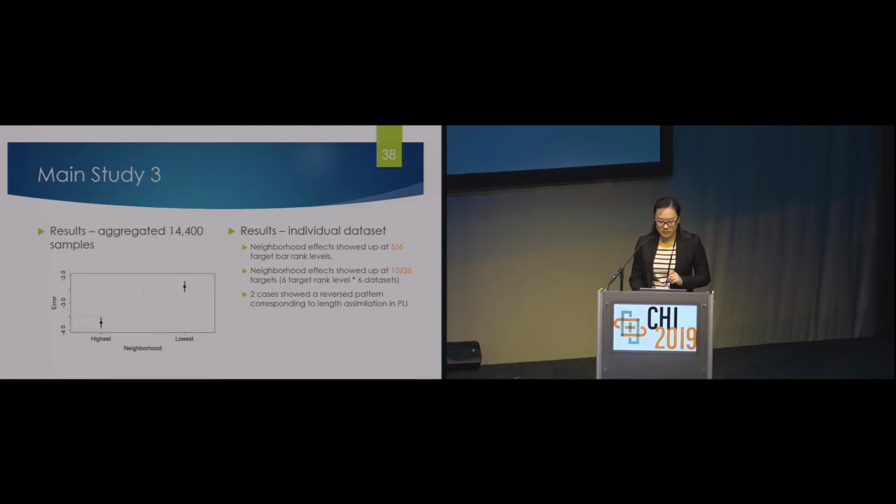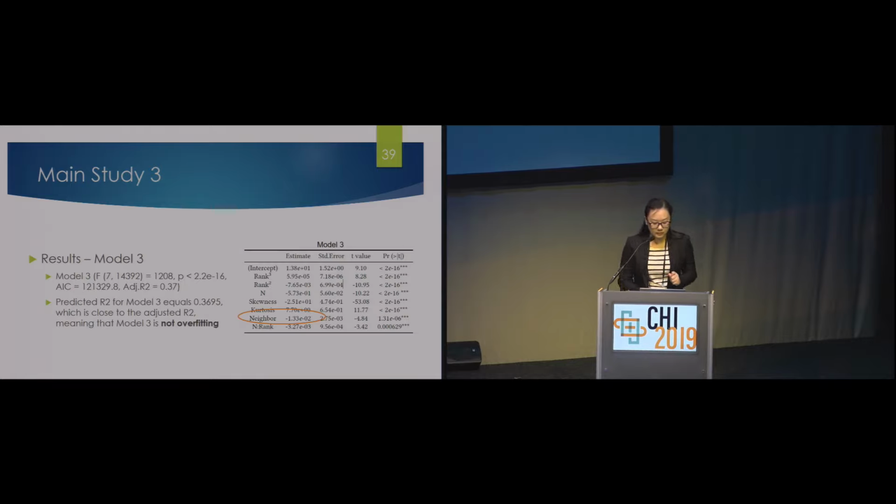This result is consistent with what we hypothesized. And when we look into more details, for example, at the individual dataset level or individual target level, we still find that neighborhood effects dominate, even though we also observed two other cases which showed a reversed pattern, that corresponds to assimilation in the parallel line illusion.